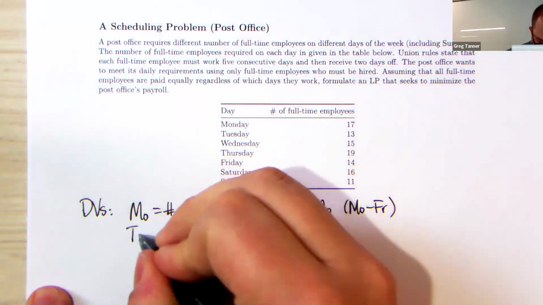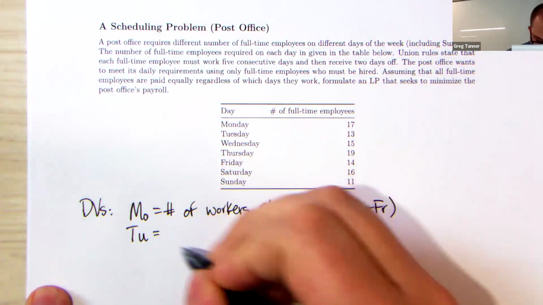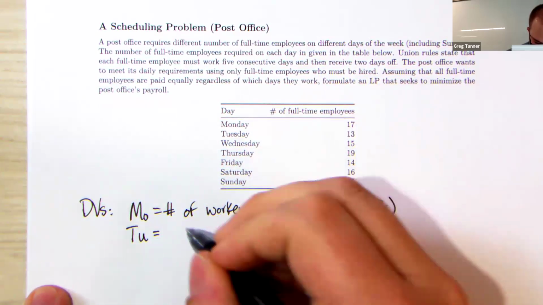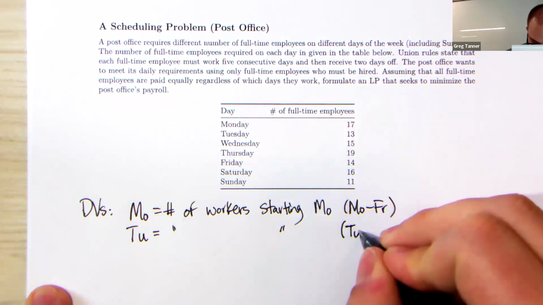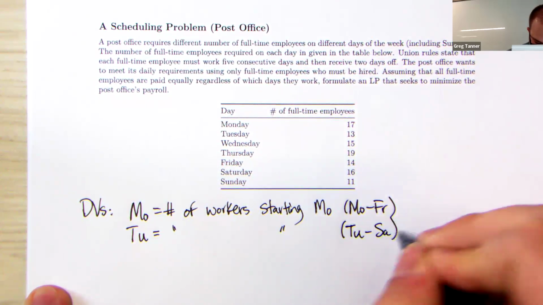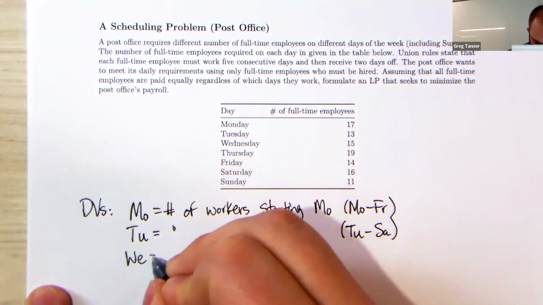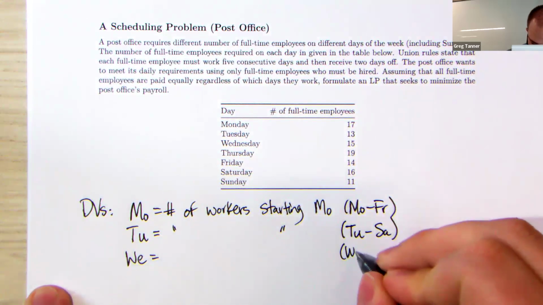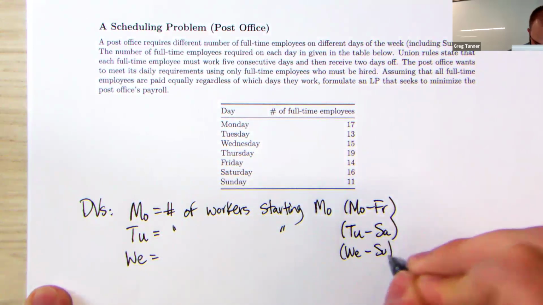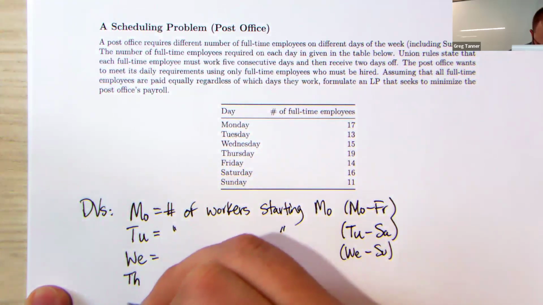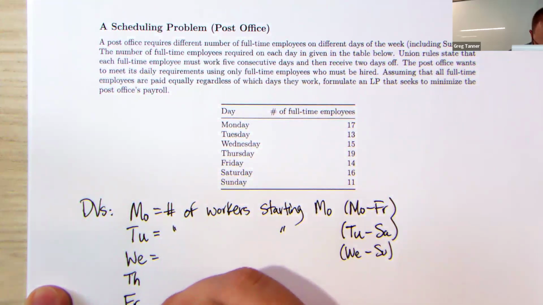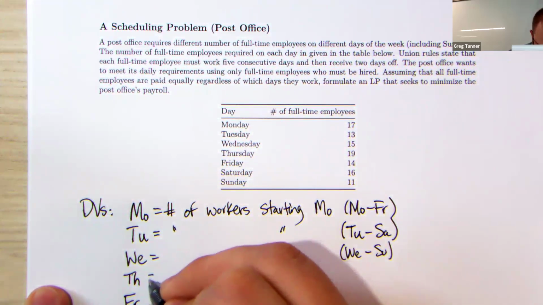We'll repeat that for the other days. Tuesday is going to be the number of workers who work Tuesday through Saturday. Wednesday works Wednesday through Sunday, and then Thursday, Friday, Saturday, and Sunday.